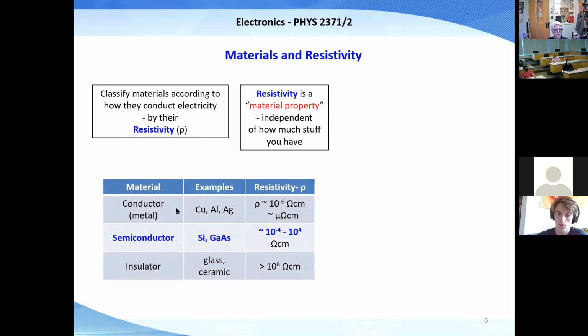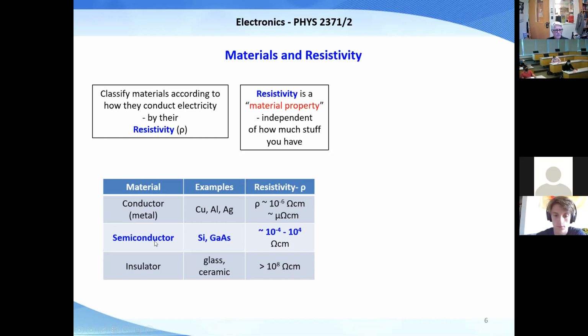Usually we define metals, conductors, as having very low resistivity, micro ohm centimeter units. On the other hand, an insulator, like glass or ceramic, has a very high resistivity. You can see 14 orders of magnitude higher resistivity.